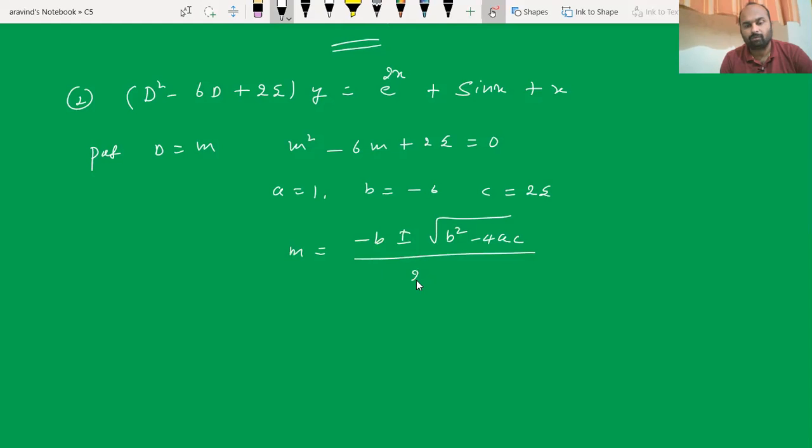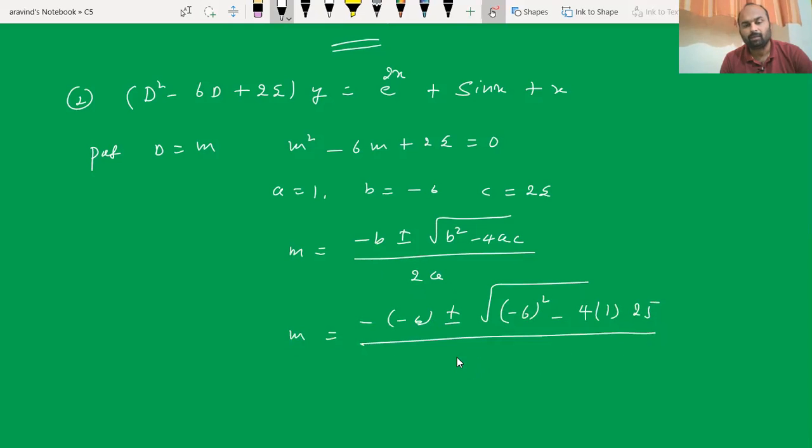Or you can use the calculator, which will give the answer also. Minus of minus b, that is 6, plus or minus square root of b square, minus 6 whole square, minus 4ac, where a is 1 and c is 25, divided by 2 into a, that is 1.